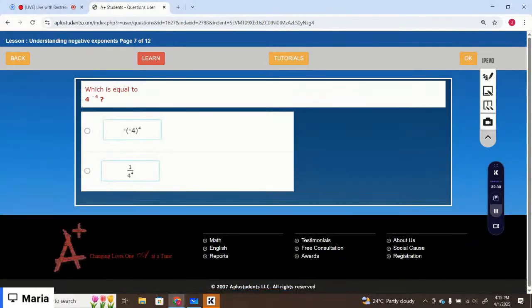Which is equal to 4 exponent negative 4? That is option number 2, 1 over 4 exponent 4.